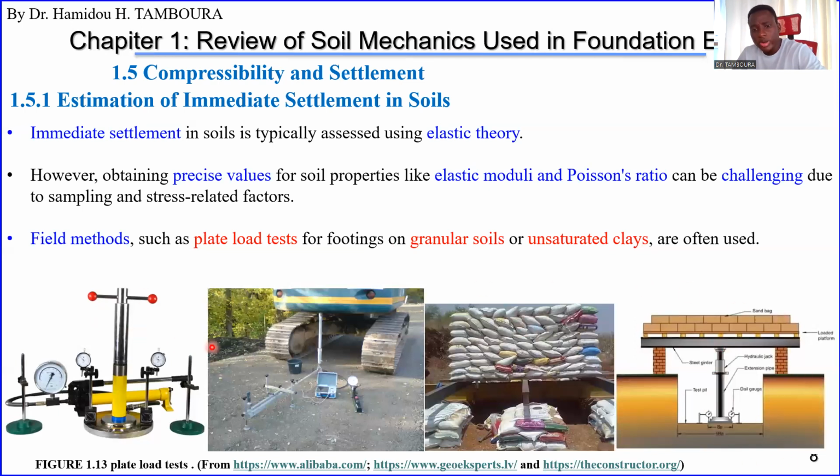This way you can get maybe the actual settlement that your foundation will undergo after building the foundation.